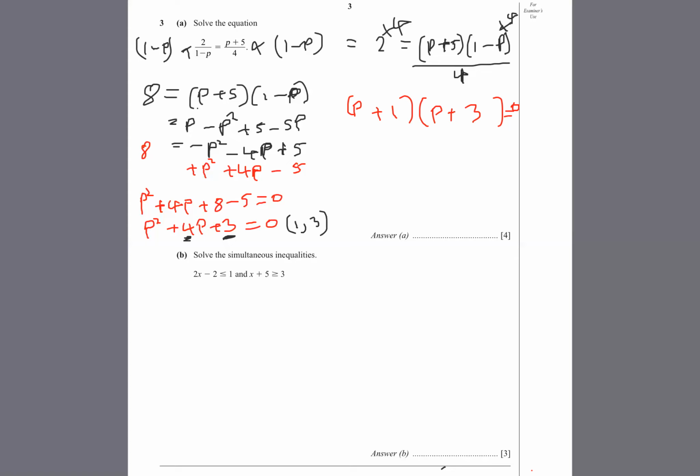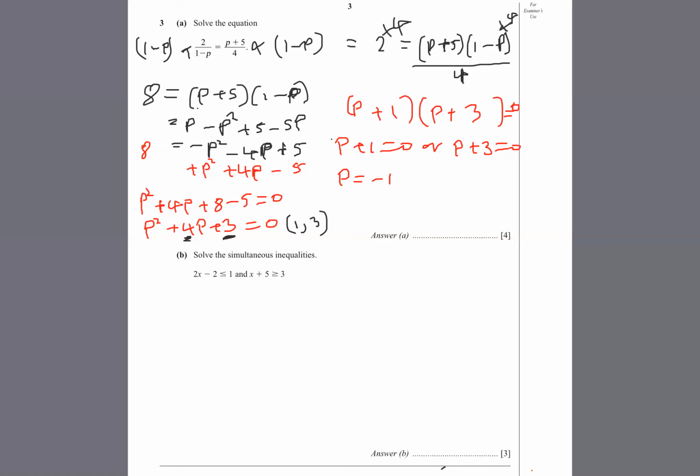So we take p plus 1 and equate to 0, or p plus 3 is equal to 0. That means p is equal to minus 1, because from here we want to remain with p only this side.